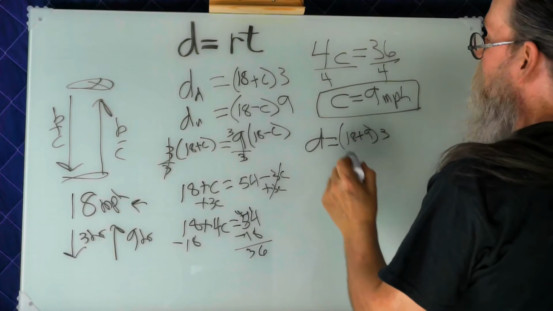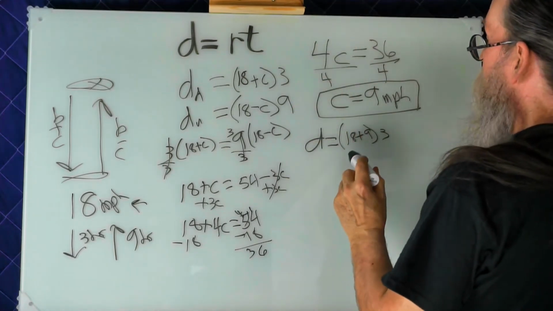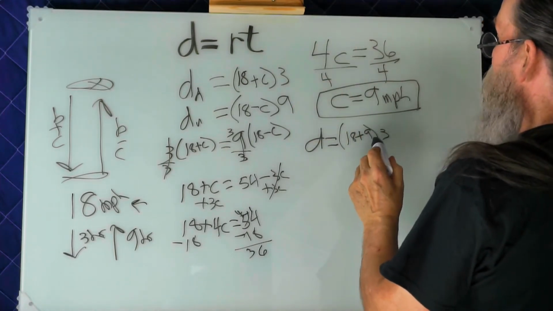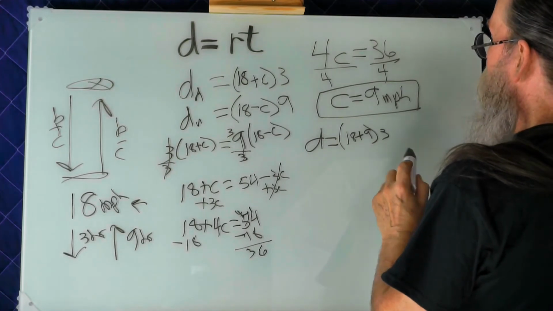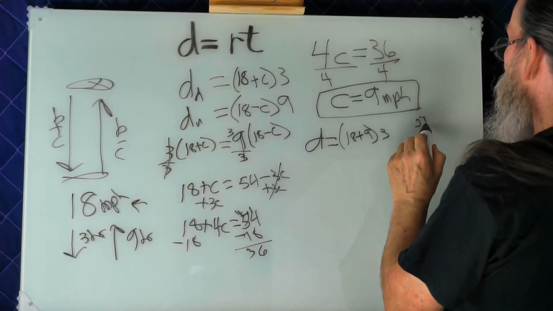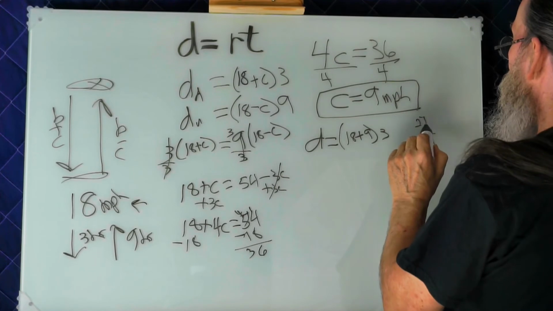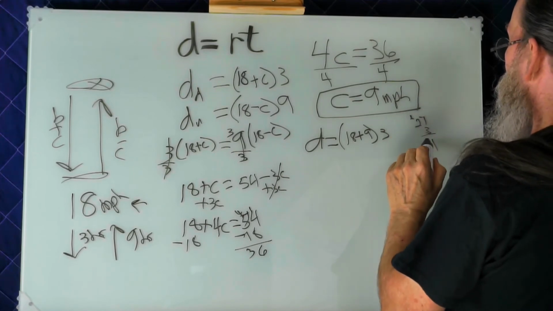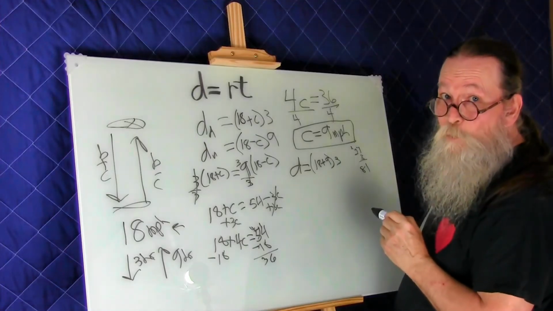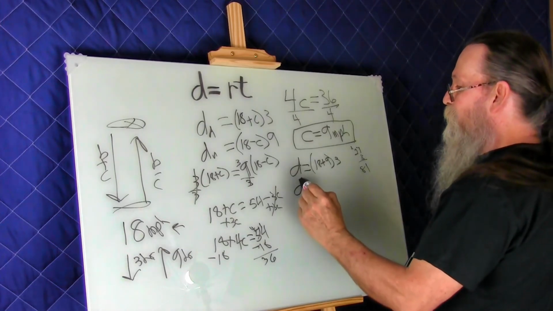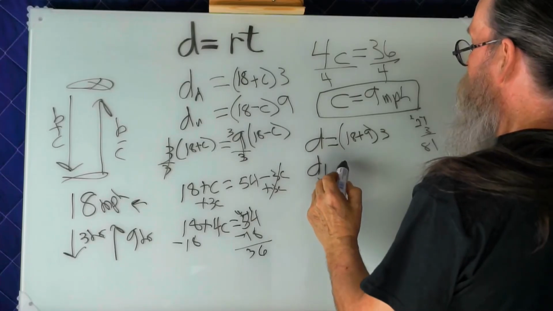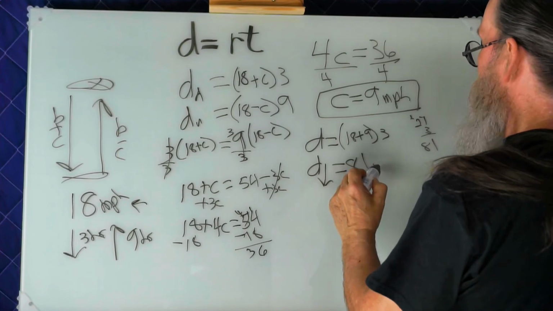That is the distance downstream. 18 and 9 is 27. 27 times 3. 81 miles. So the distance downstream is 81 miles.